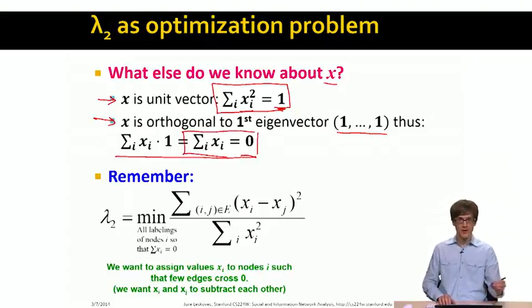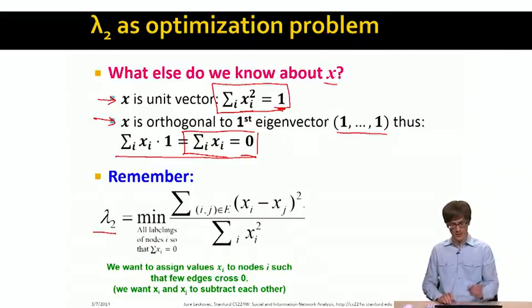Okay, so now let's go back to our original problem of what is the value of lambda 2 and what is the corresponding eigenvector X. We said that this is X transpose times L times X. We convinced ourselves that the first part is simply a summation over all the edges of the label of node i minus the label of node j, squared.